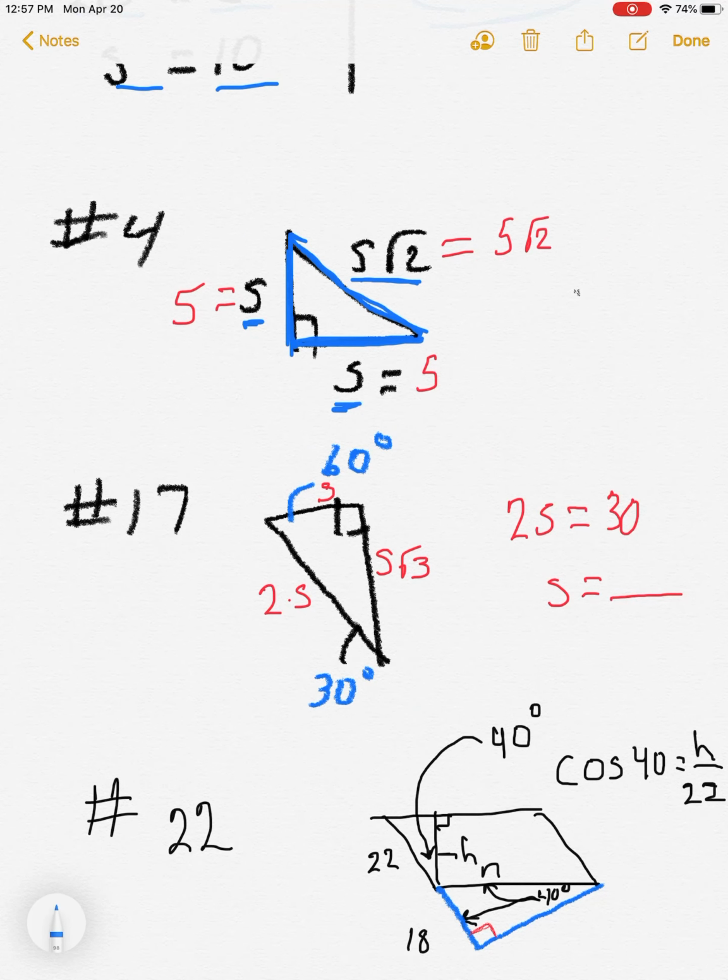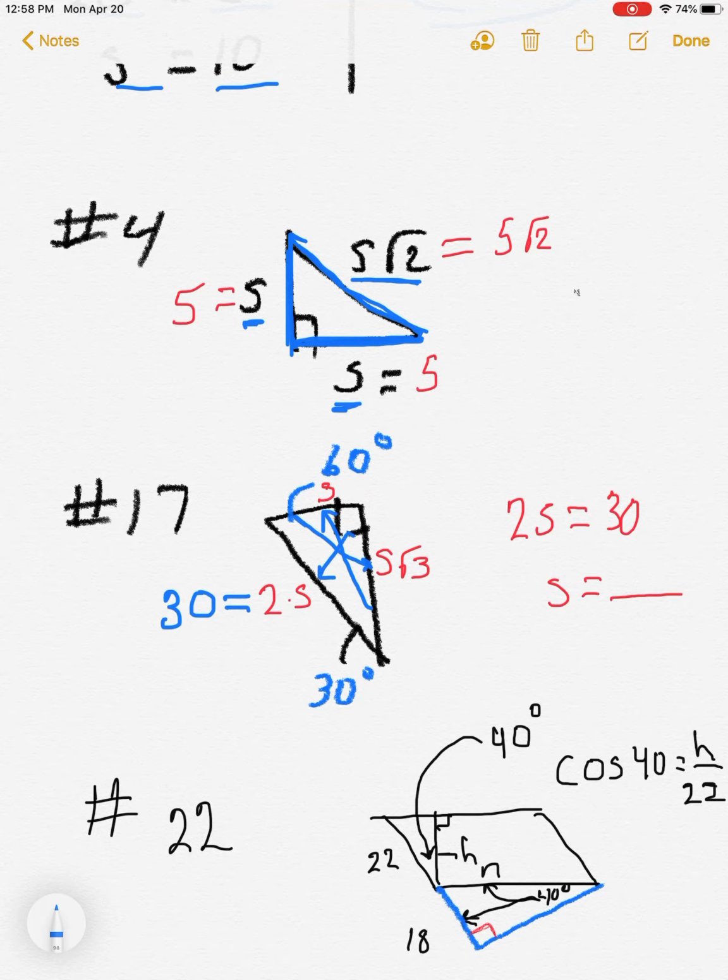Problem number 17 is again a 30, 60, 90 triangle. I notice in that problem that I'm given the side across from the 90 is 30 units long. Again, in a 30, 60, 90 triangle, I have 3 sides, s across from the 30, s root of 3, the side across from the 60, and the side across from the 90 is 2s.